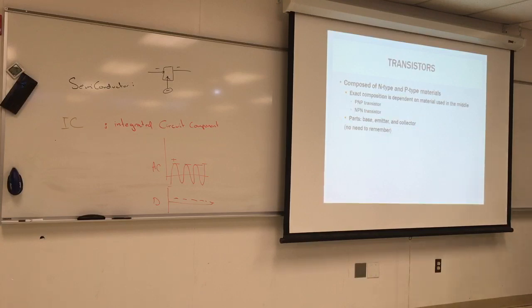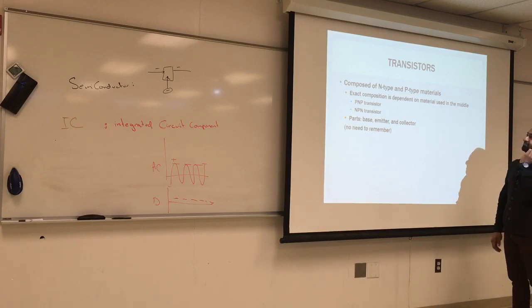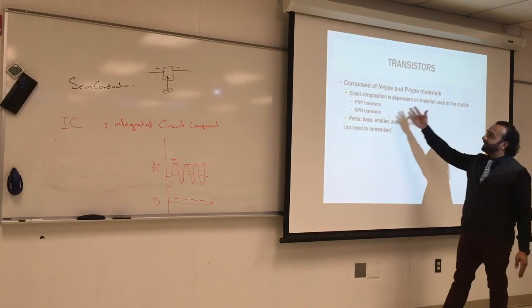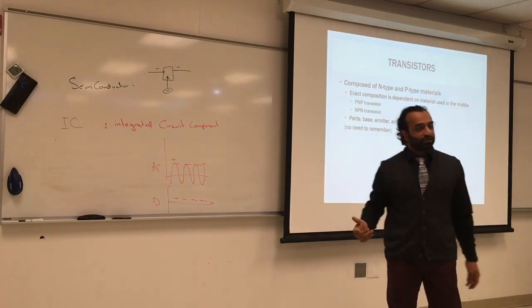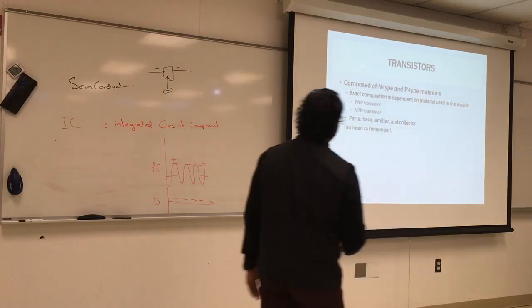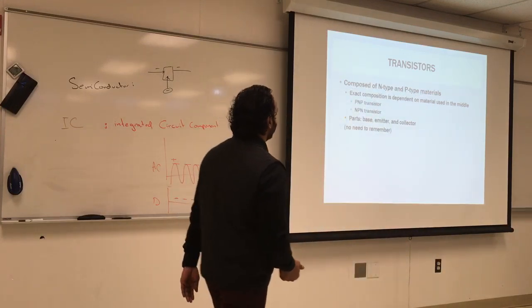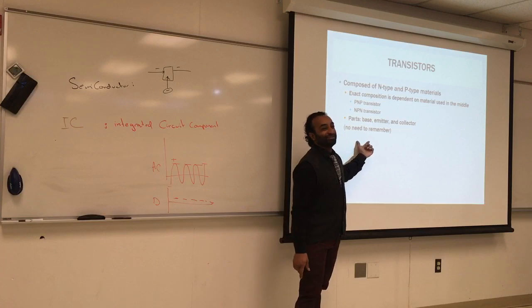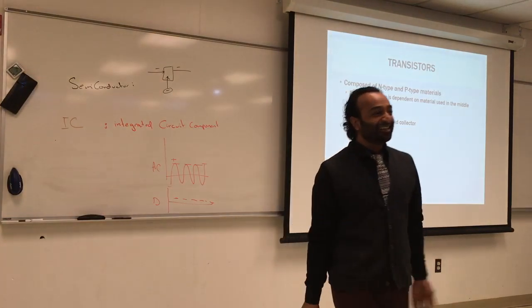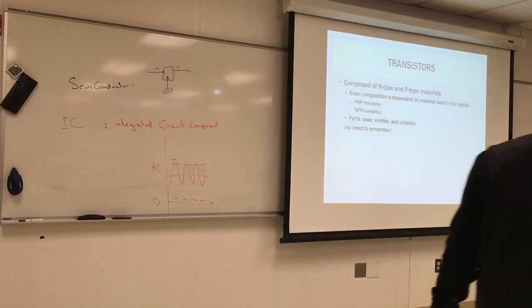Okay, transistors. Don't try to remember all this, but these are, again, semiconductors. There's an N-type and P-type based on how they pass current, just to give you an idea. Don't remember that, but at least you know what it means.